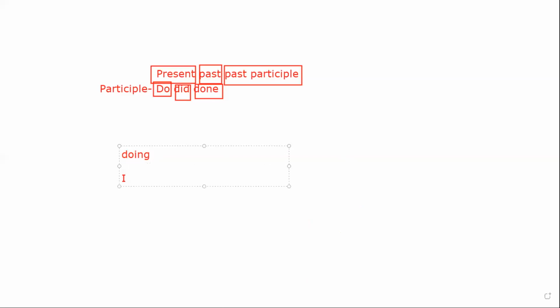Like, I teach English. Here, I is the subject and teach is the verb. So here, you cannot place teach in the place of subject. Like, you cannot write teach I English.